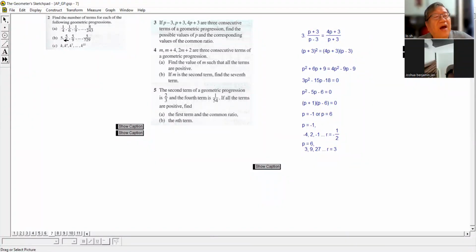How much is the R? 5 over 3. You use your calculator. 1 over 3, correct.